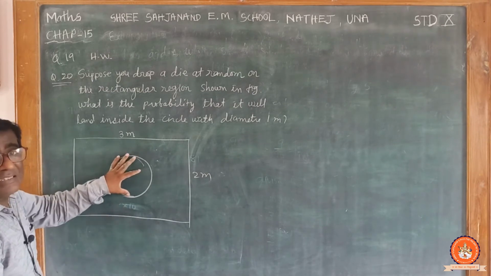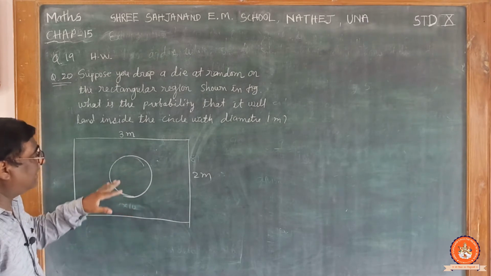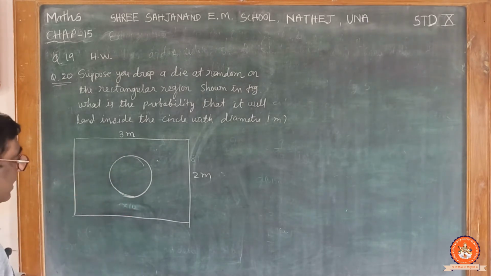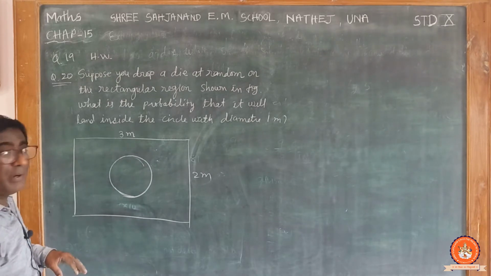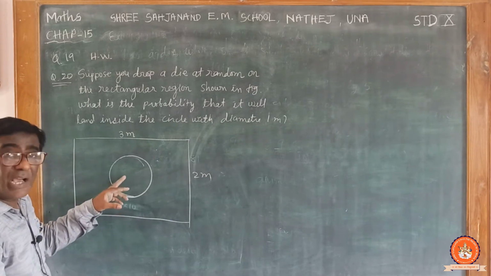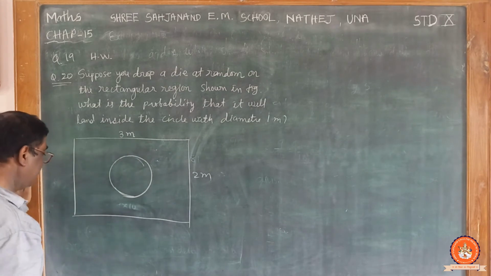So a circle is there inside the rectangle. If we try to throw a die, we have to find the probability that the die will land inside the circle. For that, the probability will be equal to area of circle divided by area of rectangle. Okay.